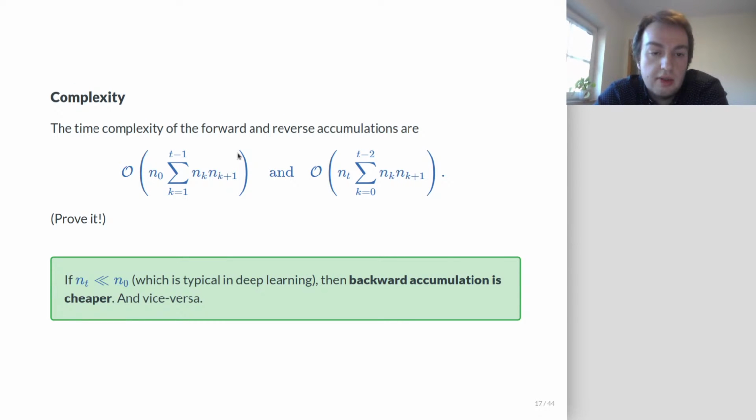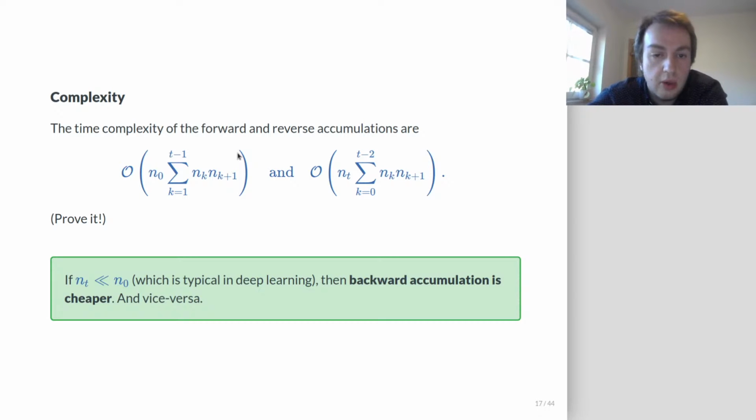All right. So actually the direction that you pick is quite important because it will set the computational complexity of the evaluation. So the first thing we'll do today is that what I'm telling you is that the time complexity of the forward and the reverse accumulations are not the same, right?